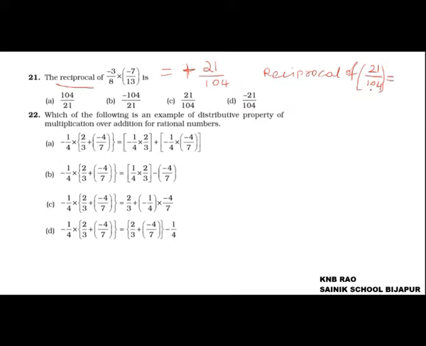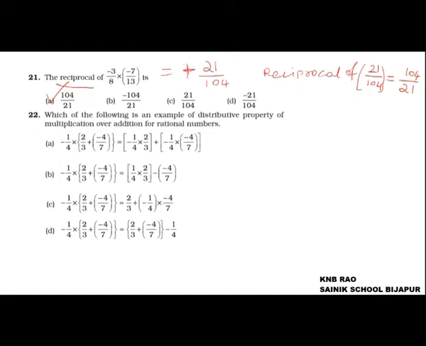So just making its denominator the numerator and its numerator the denominator gives us 104 by 21, which is the right answer, and amongst the options the right answer is option A.